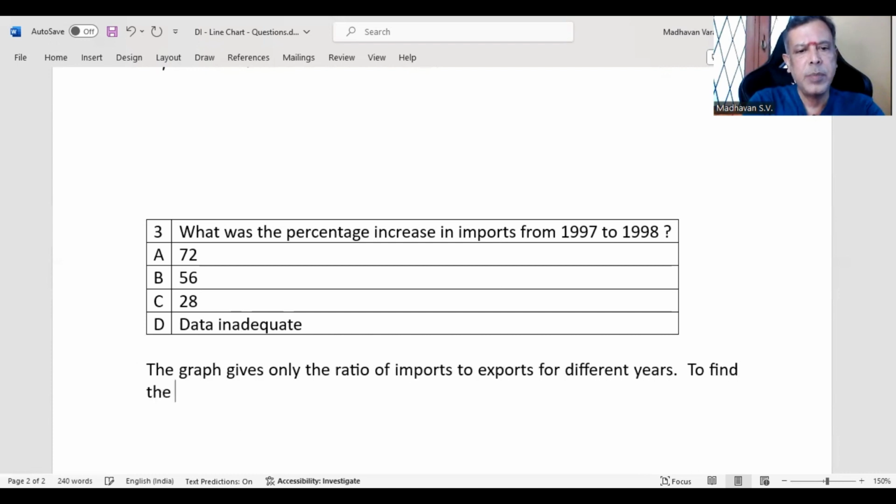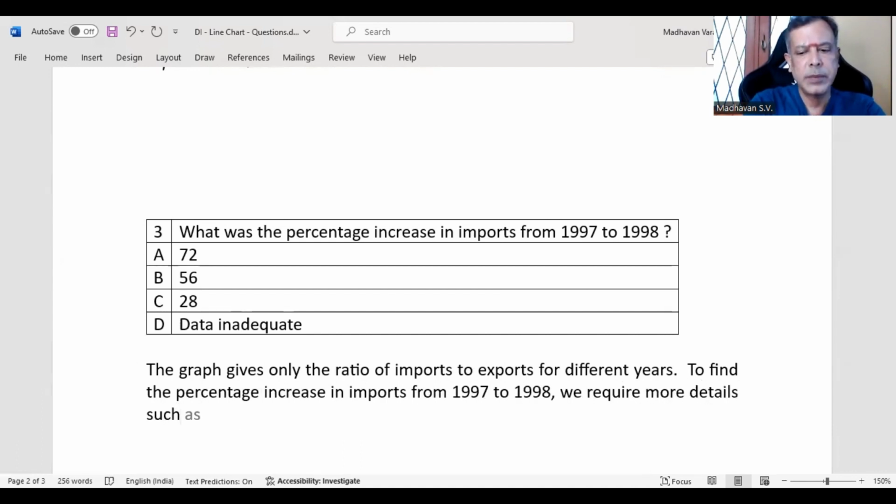To find the percentage increase in imports from 1997 to 1998, we require more details such as the value of imports or value of exports during those years, which is not available.